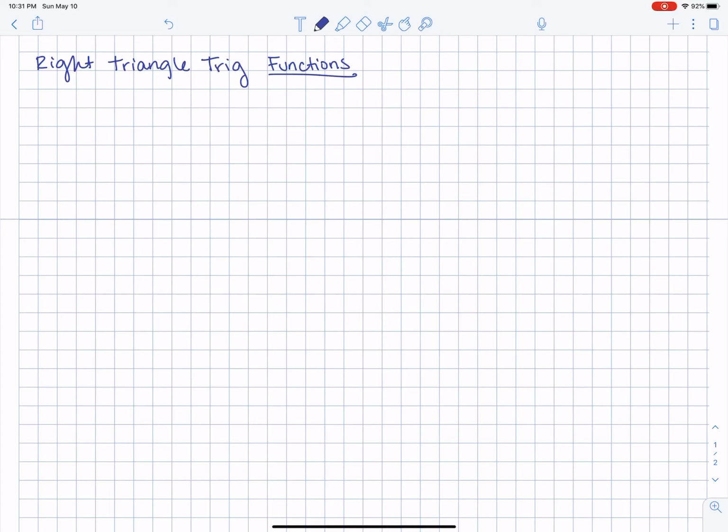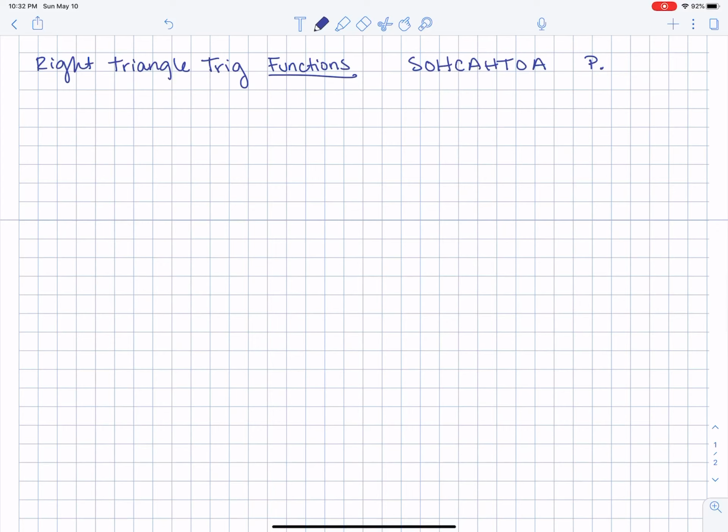And I'm going to talk about, maybe you've heard this before, SOHCAHTOA. SOHCAHTOA. And do me a favor, look at page, I believe this is 462 in your textbook. Please go ahead and look at that. It does a lovely job of drawing a diagram.